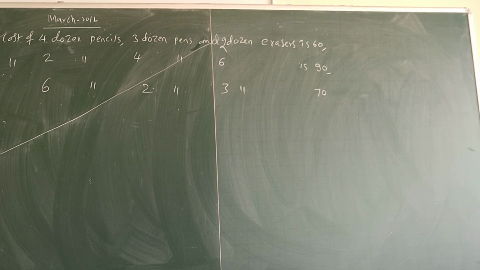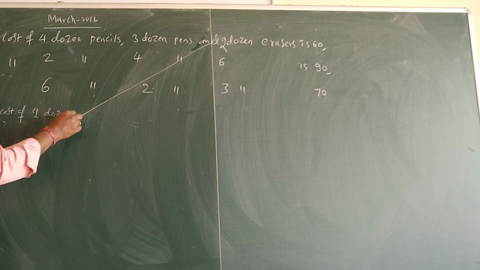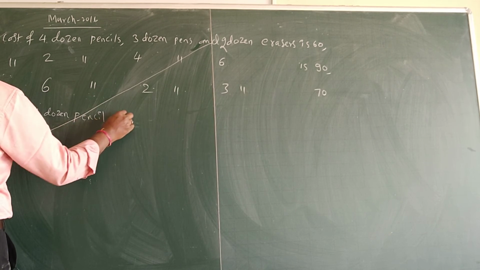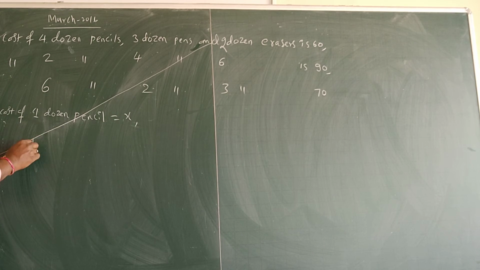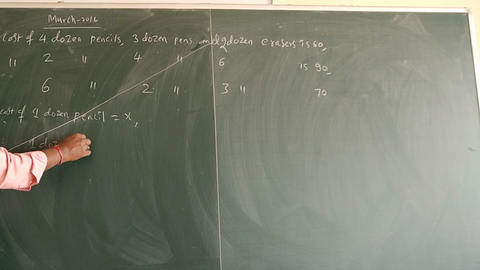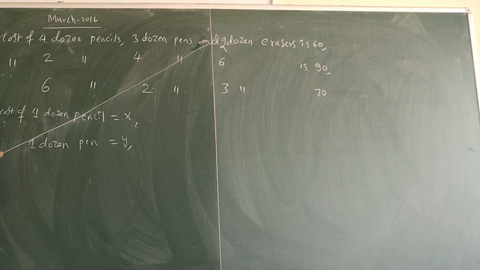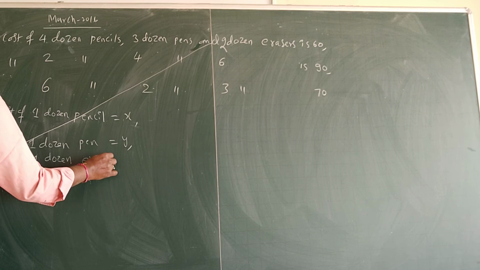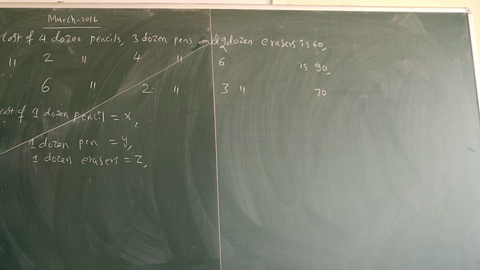To solve this one, we will write: let the cost of 1 dozen pencils be X, the cost of 1 dozen pens be Y, and the cost of 1 dozen erasers be Z. So we are taking it like this. Can you listen once?